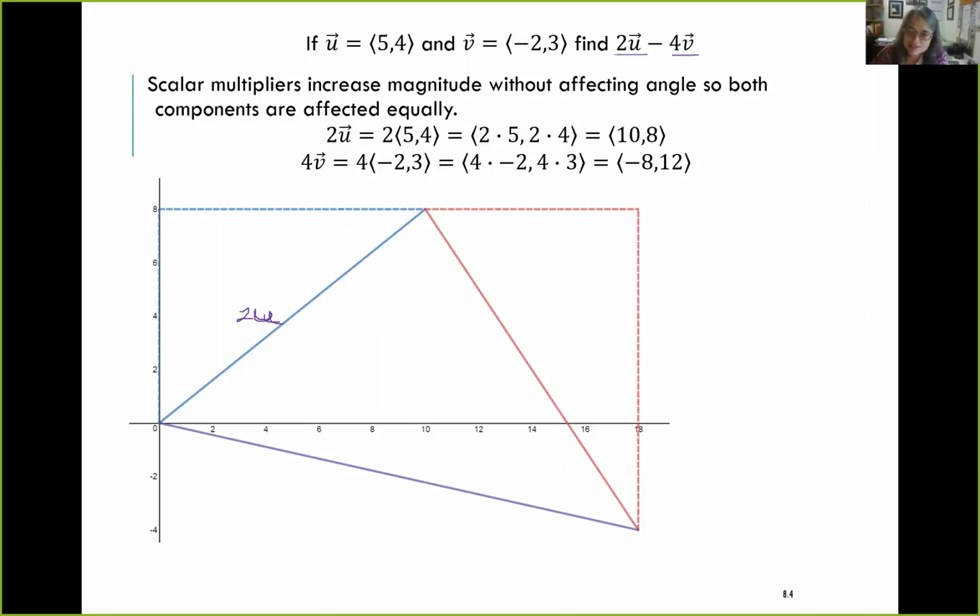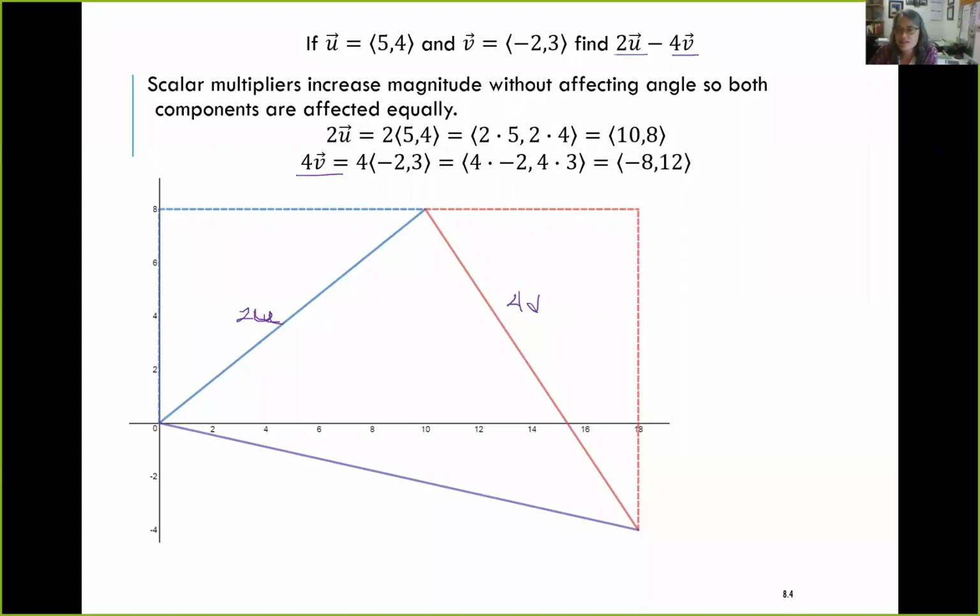And I've got a vector v multiplied by 4. So this is 4v. Then the minus sign would just reverse the direction. We're not going to worry about that so much.